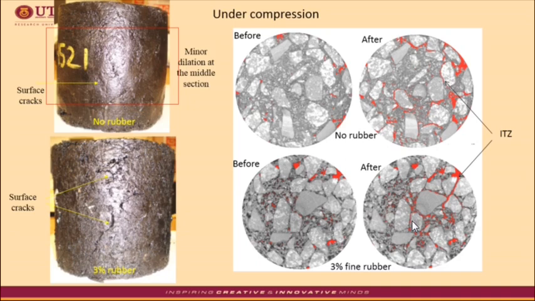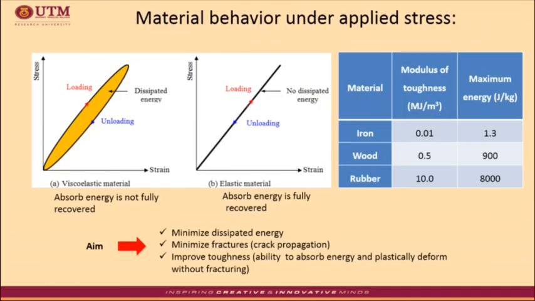The cracks formed in the interfacial transition zone area were found to be less than those observed in the control mixture. Therefore, the study shows that the addition of rubber particles to the specimens reduced the crack growth.